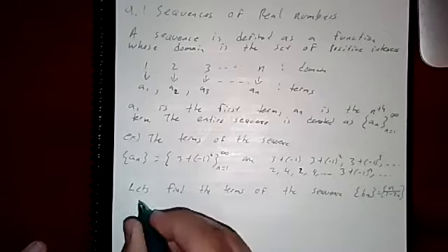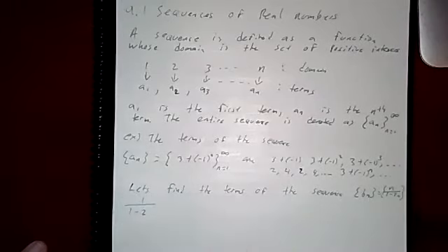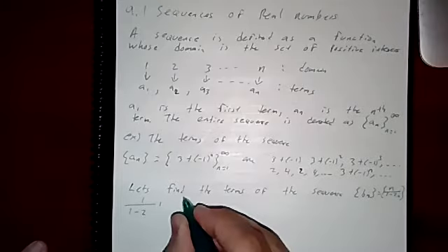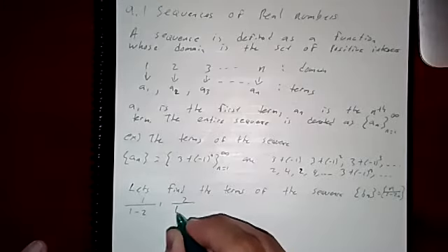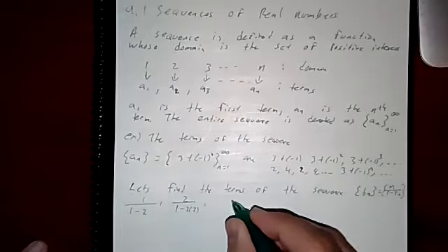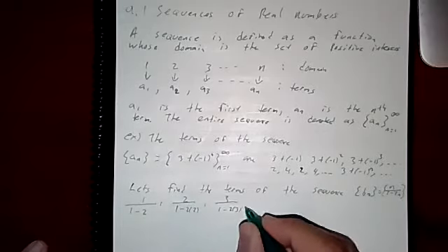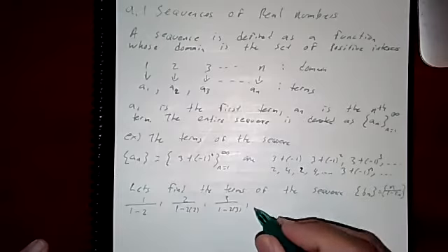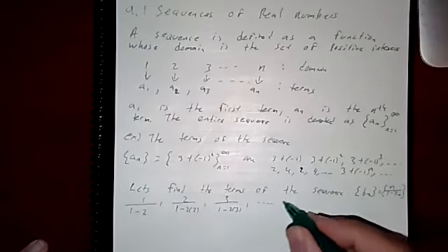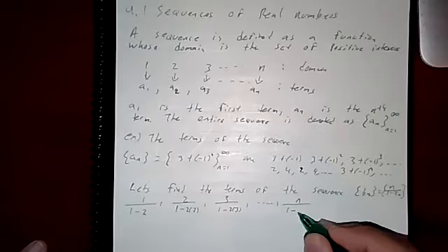It's going to be 1 over 1 minus 2, comma, 2 over 1 minus 2 times 2, 3 over 1 minus 2 times 3, and it just keeps on going all the way until the nth term, n over 1 minus 2n.